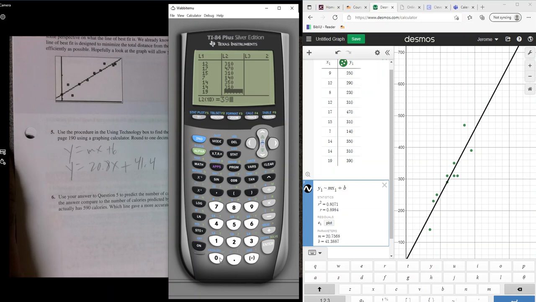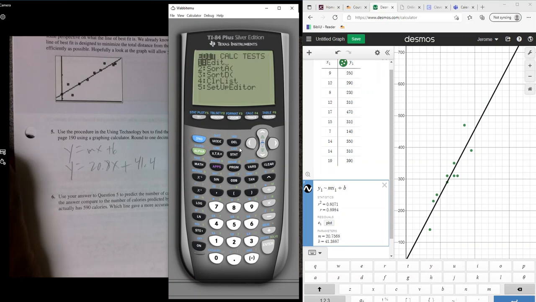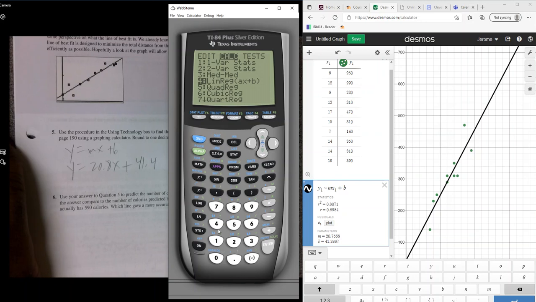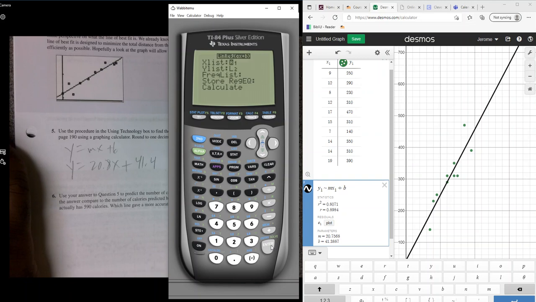So the next thing we would do is press second, mode. Then we will go back to stat, go to the right to calculate, just one place, and we will go down here to the number 4. You can either go down to the number 4 and press enter, or you could just press the number 4. So that would be for your linear regression. I'll press enter. Okay, now your X list must have L1, your Y list must have L2.